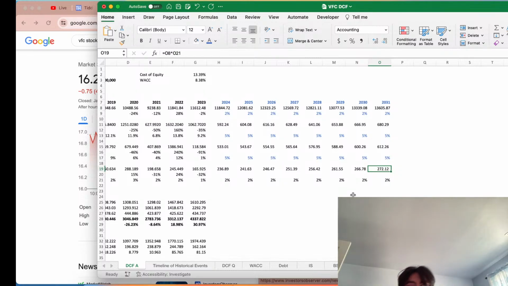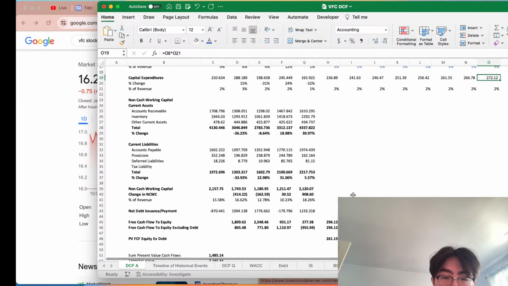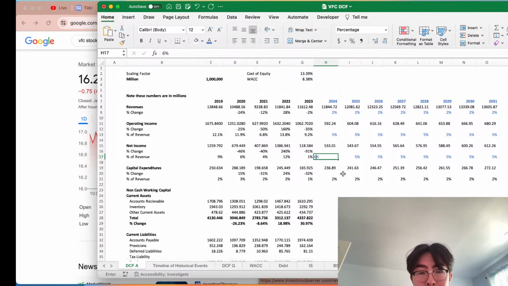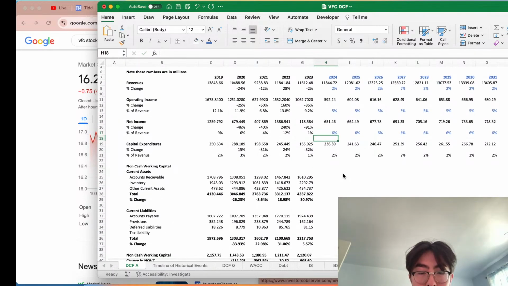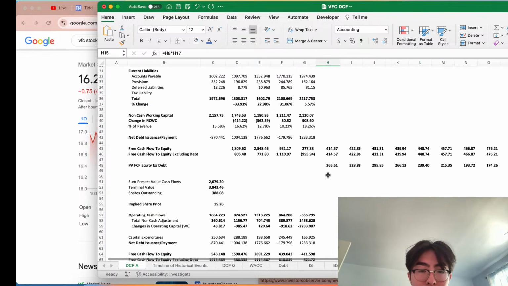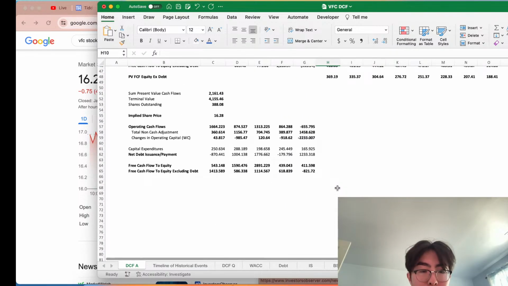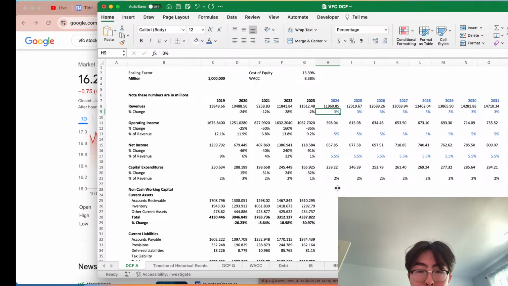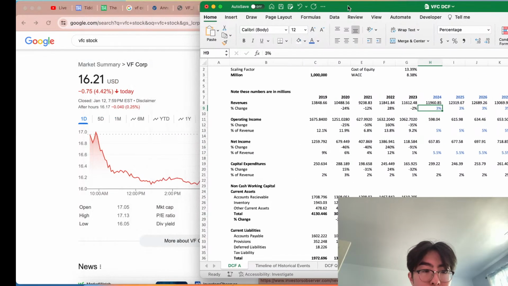Here's that 7 years. Percent top line growth, 5.5% margin. $21.3.